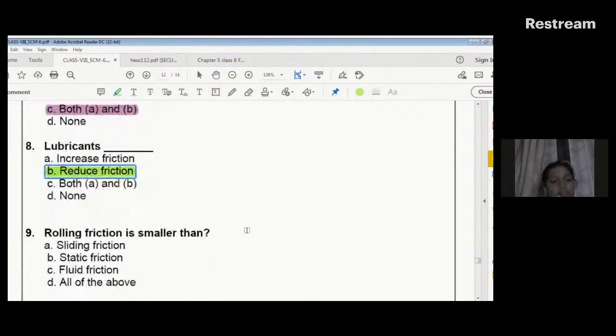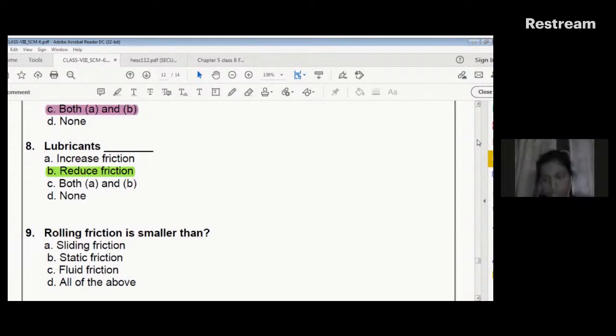Okay. Next we will move on to number 9. Rolling friction is smaller than dash. Rolling friction is smaller than all of the above, because I have shown you in a topic where it was written that starting friction is the most, then in the middle comes sliding friction, and then comes the rolling friction.